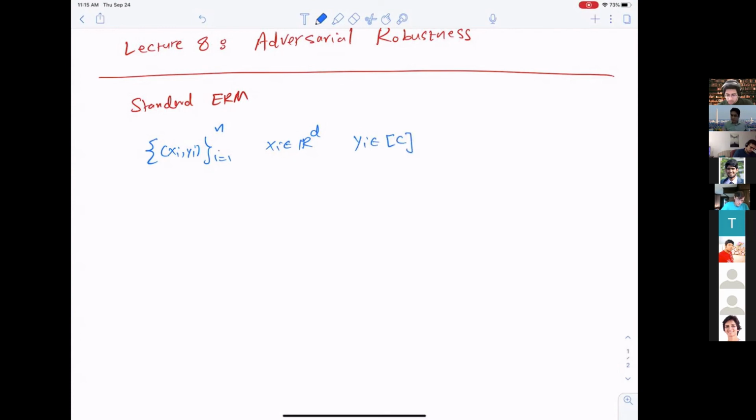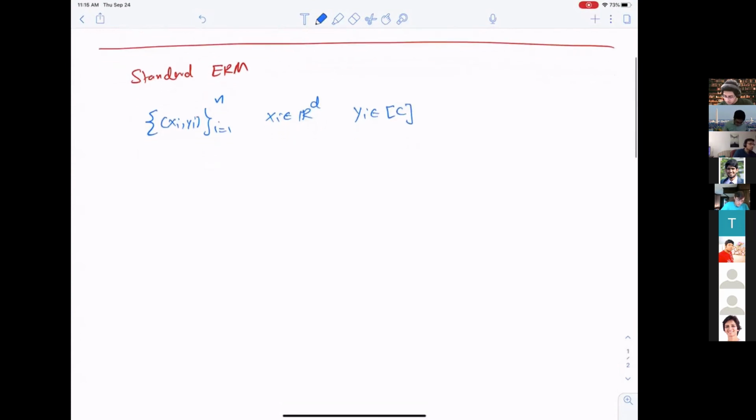All right, so in a standard ERM, we are solving the following optimization. I'm minimizing the average loss on my training set, and I'm picking model parameters theta that achieve the minimum loss. So I'm looking at the expectation of a loss function, f_theta(x), y, and this expectation is over my training set.